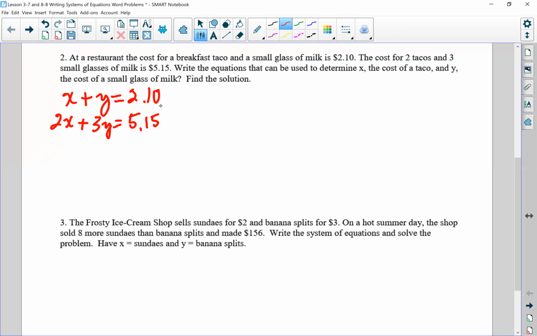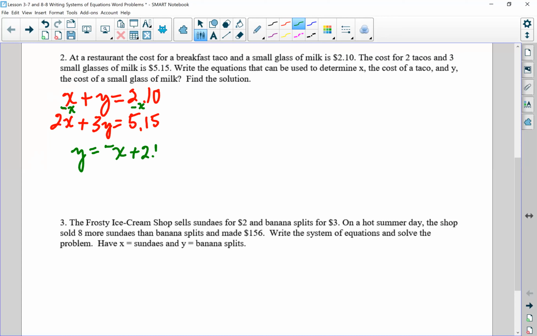I have to change one of them so that I have a y or an x equals. So I'm going to change just this first one, because then I don't have to do any division. I'm going to subtract x from both sides, and I'm going to end up getting y equals negative x plus 210.